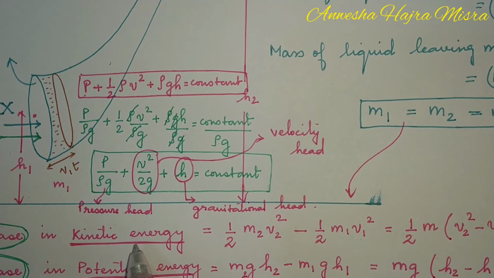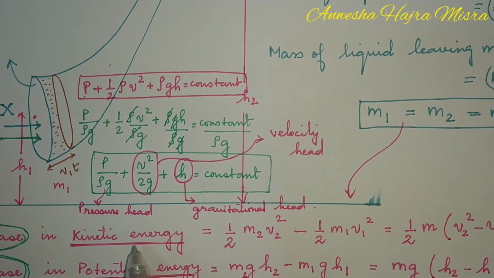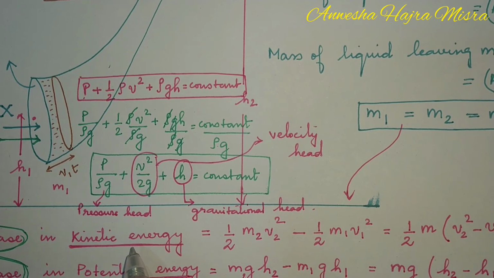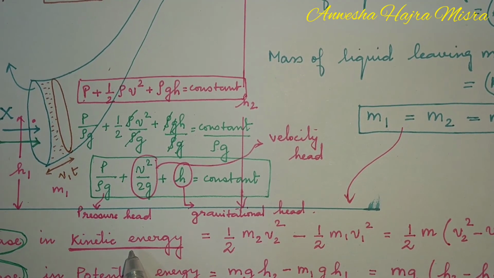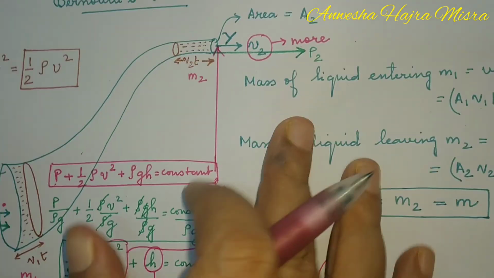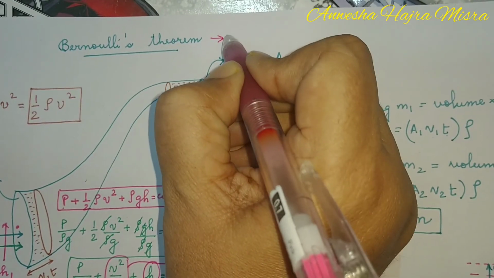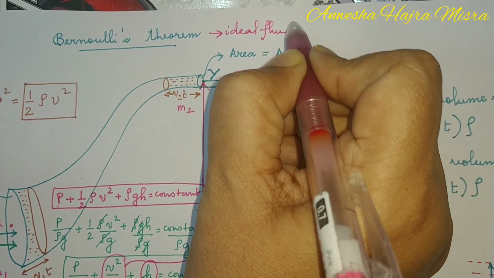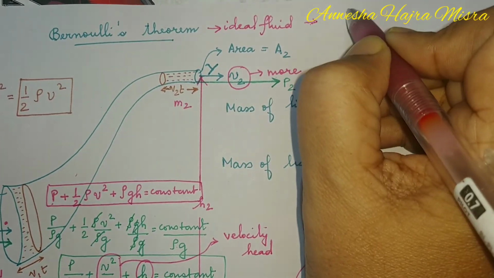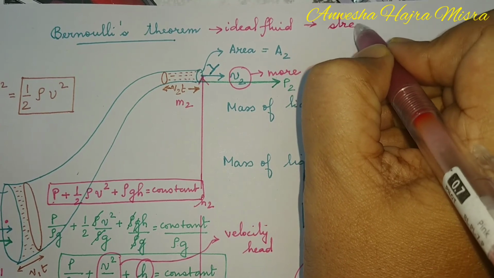So once again, in some books you'll find Bernoulli's theorem written in this way. Bernoulli's theorem is applicable for an ideal fluid, and motion is streamlined motion.